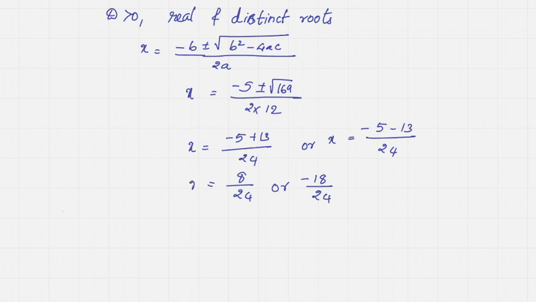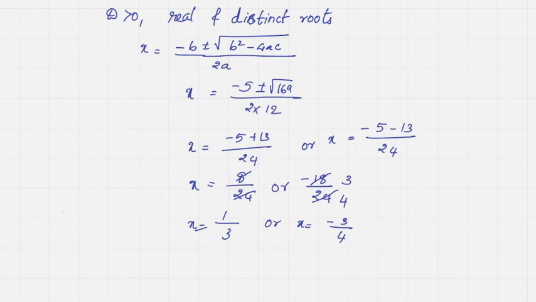So we can cancel this, and we will have x is equal to 1 by 3, or x is equal to minus 3 by 4. By cancelling this we will get 3 and here 4.